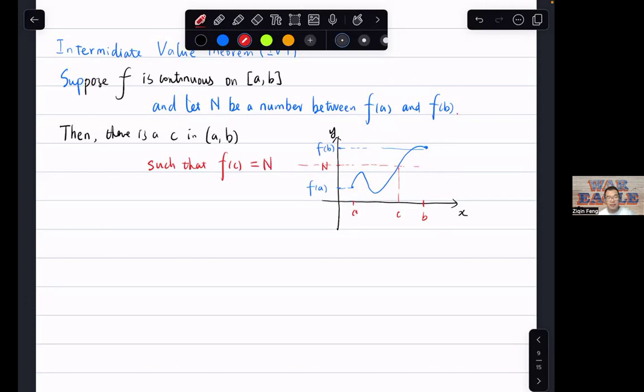As I said, this is one of the foundation results in calculus. That's why we deal with continuous functions most of the time.